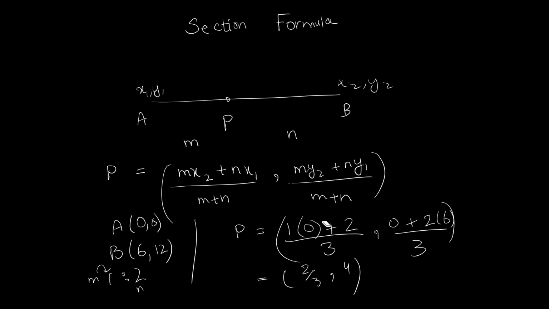M was 1 and x2 was the point of B, which was 6. And the same for the other side, M times y2. So M is 1, y2 is the point of B, which is 12. And then you have a 0 because obviously y1 is 0. So the answer comes out to be 2, 4.